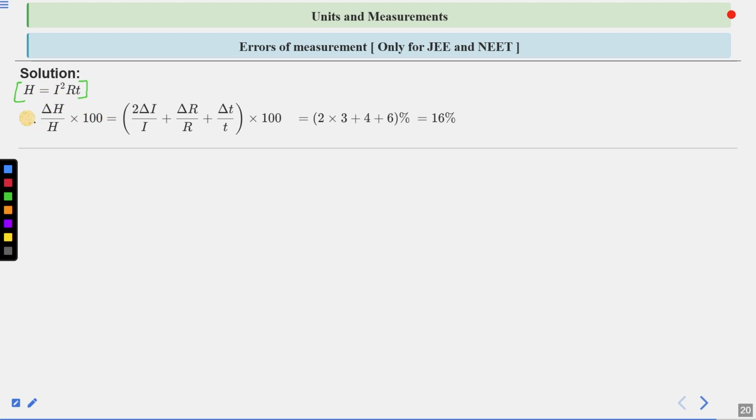Now the first term is I², so the power is 2, so the power comes outside and the remaining term is I. So 2 into ΔI by I plus ΔR by R plus ΔT by T. We know the value of the relative error ΔI by I is 3, ΔR by R is 4 and ΔT by T is 6. So it will be 2 into 3 plus 4 plus 6. So 6 plus 4 is 10, and 6, 16%.